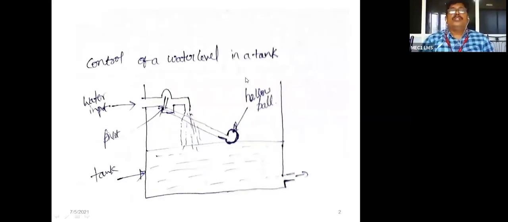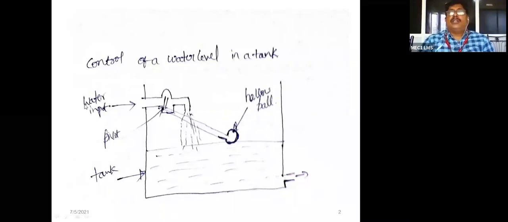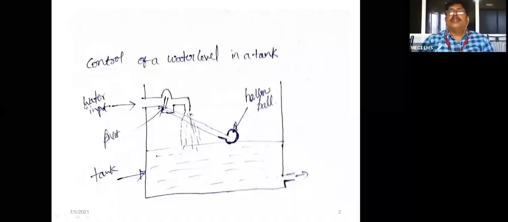Now this is a control of water level in a tank. If you observe clearly, it comprises a tank, and the water falls into the tank through some pipeline arrangement.